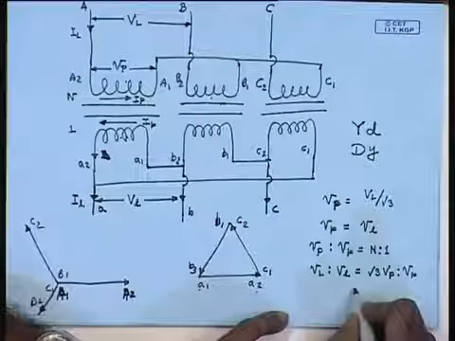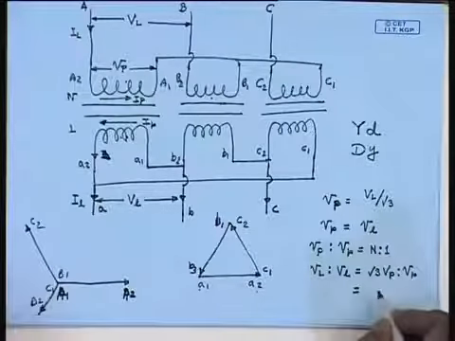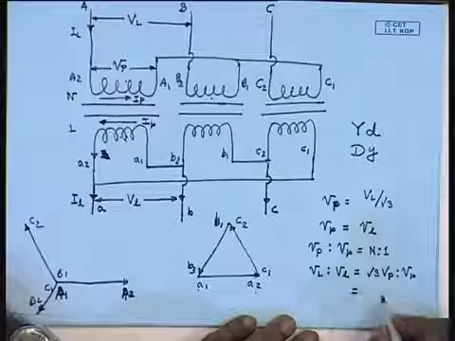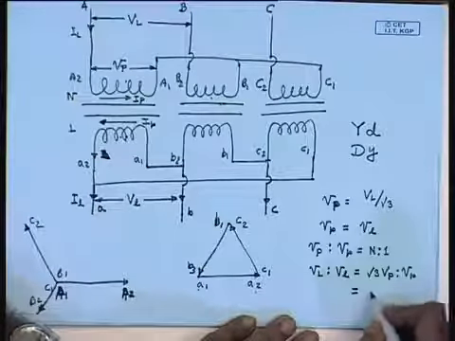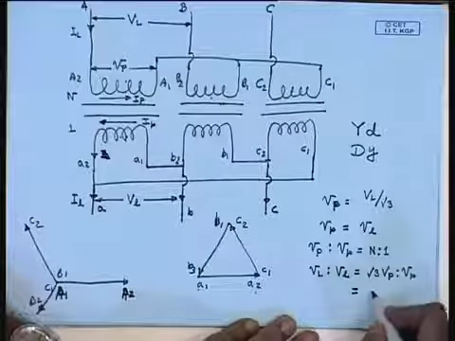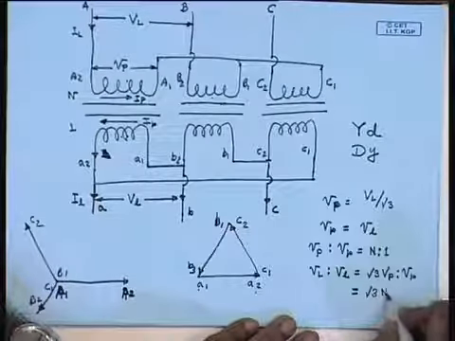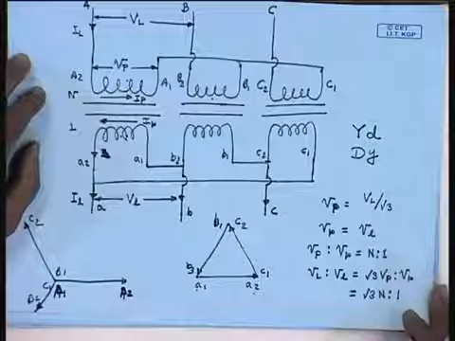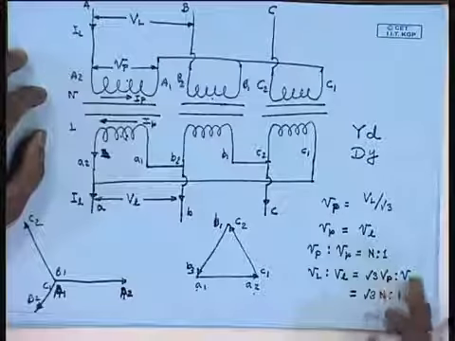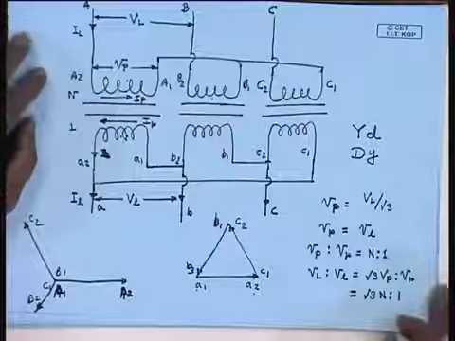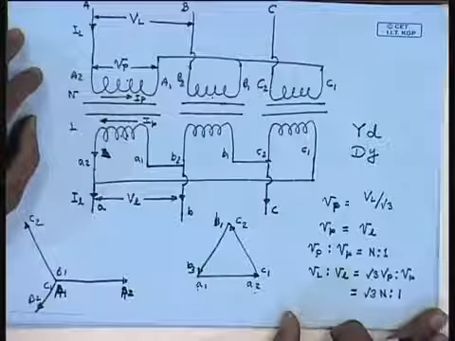This will be equal to √3 n is to 1. So, the phase voltage ratio is same as the turns ratio, whereas the line voltage ratio is √3 times the turns ratio. Let us look at the currents.